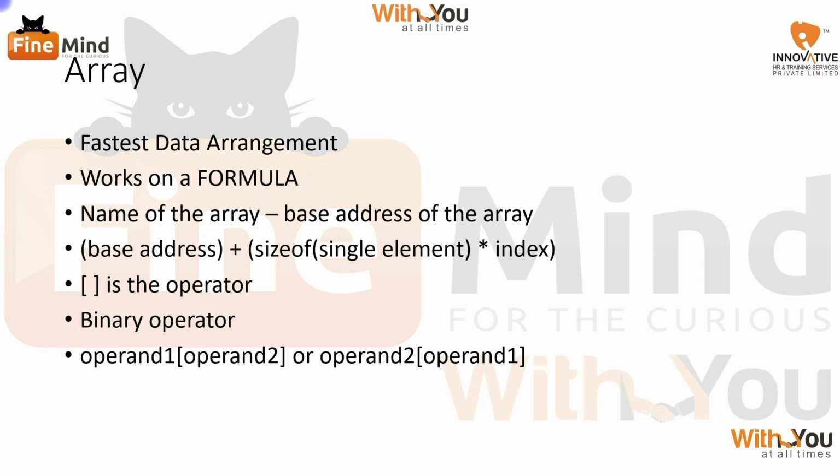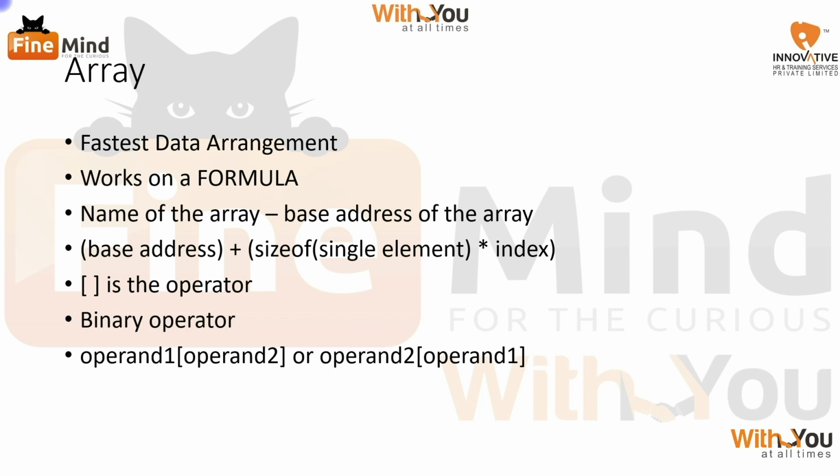So when programmers find that it is not as quick as C, some people who love Python create a module called NumPy or SymPy, which will give you better speed in data access. That is why array is the fastest data arrangement. Why? Because it works on a formula.